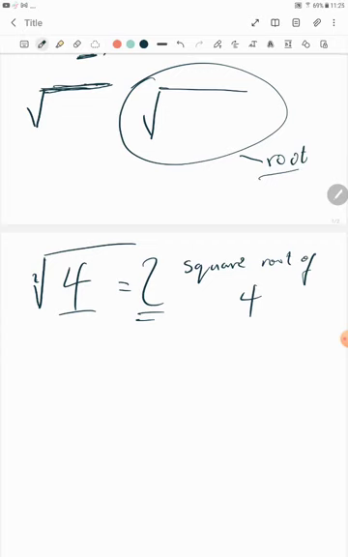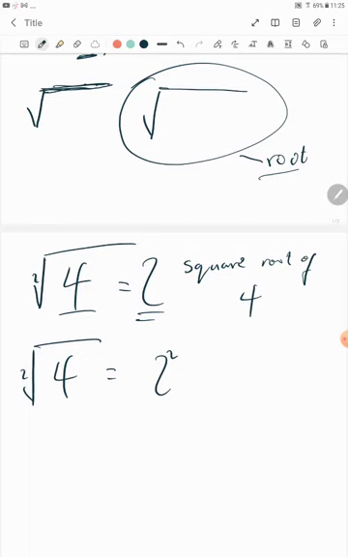So this square root of 4, in advanced class that we call indices, we can simply write this 4 as 2 raised to the power of 2. We have learned that in the previous video. It's as if we are just writing 4 as a product of its prime factors.